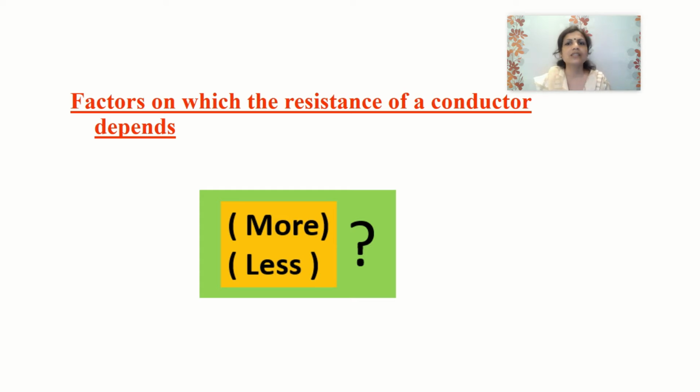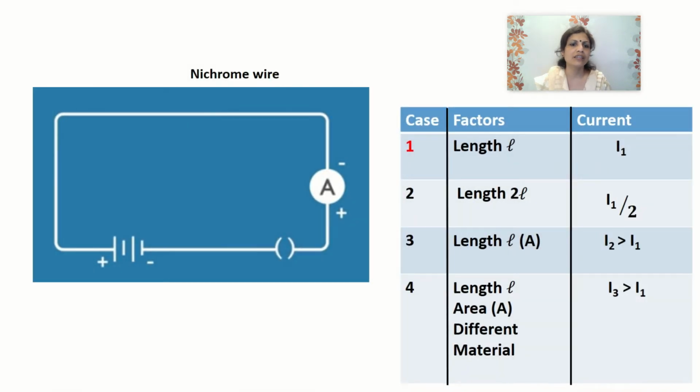To discuss this, we will do a small activity and understand the factors on which the resistance of a conductor depends. We will consider a simple electrical circuit which has a plug key, a battery, an ammeter, and a conductor.